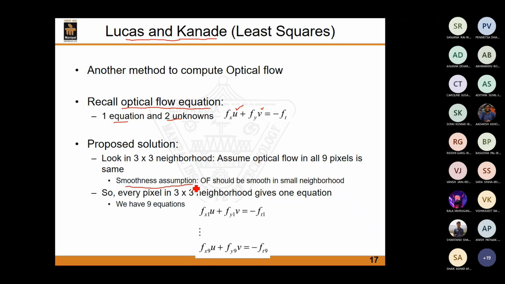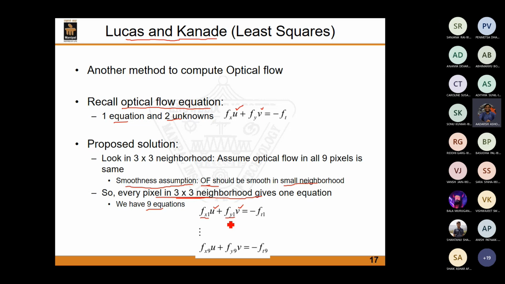In this case they assume that the optical flow has the same values of u and v within the small neighborhood you are considering, but the gradients are different for each pixel. For example, if you take a 3 by 3 neighborhood, every pixel in it will give you one equation. Therefore we will have 9 equations, because u and v are assumed to remain the same, but the values of the gradients obtained for each pixel are different.